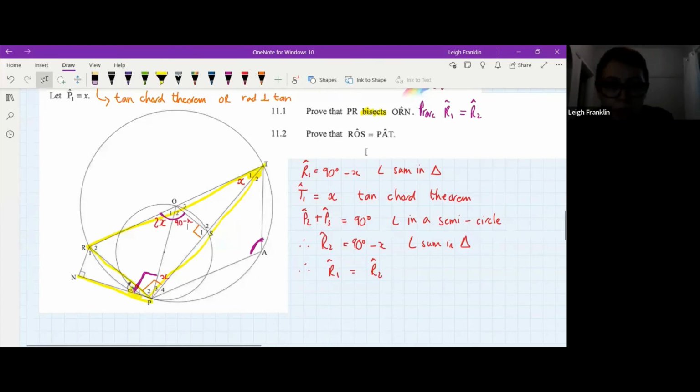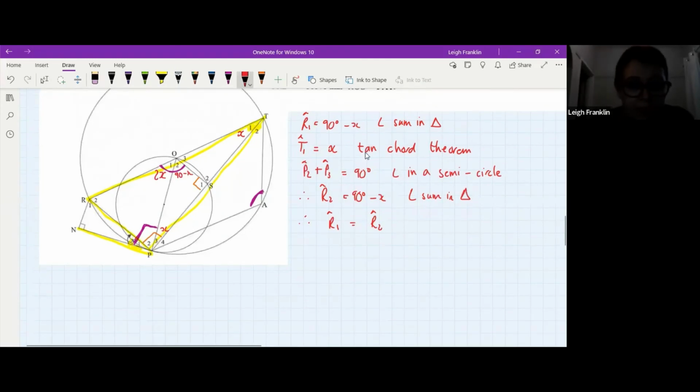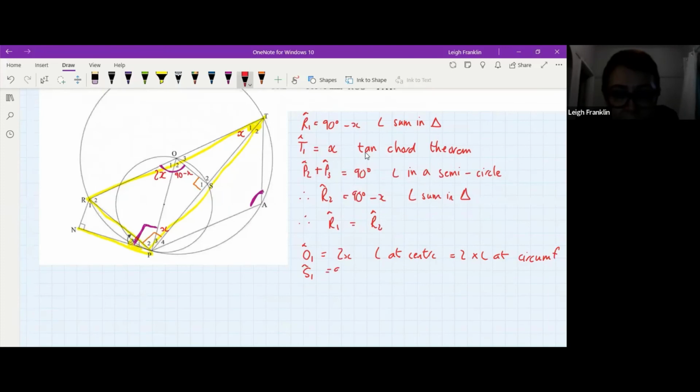Very quickly, I'm just going to get this down. These are the bits and pieces that we need. O1 is equal to 2x, angle at center is 2 times angle at circumference. Also S1 is 90, angle in a semicircle, which means that S2 is going to be equal to 90 minus X because of the angles of a triangle.